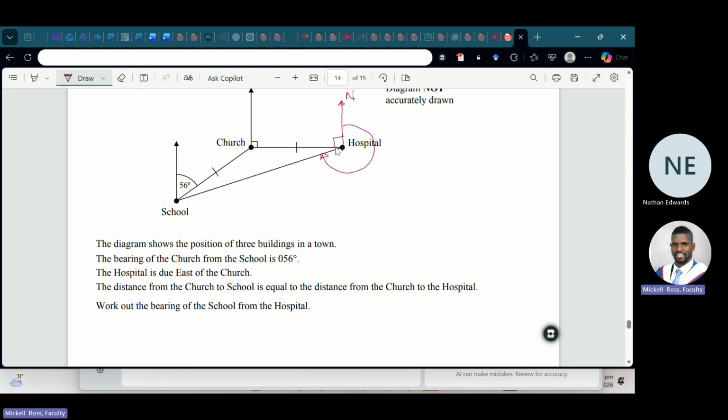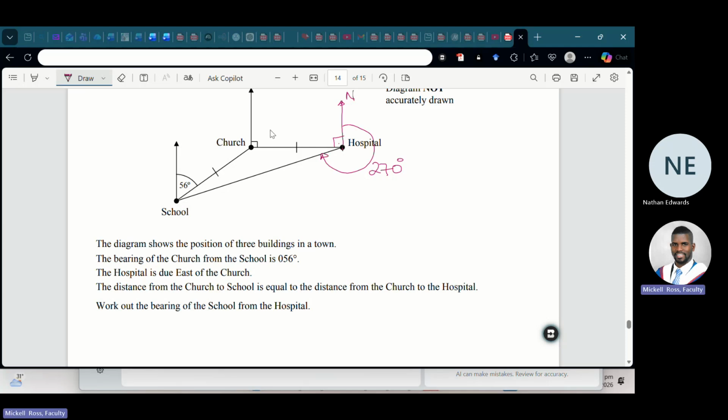Now, this is going to be 90 degrees as well, because this line is a horizontal line and it is due east. So all of this is 270. But notice it does not look like 270, right? Doesn't look like it, but it is.